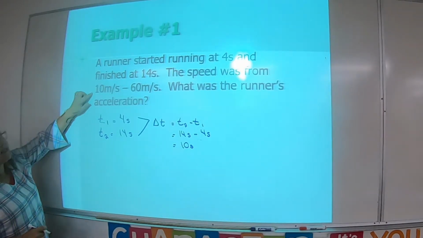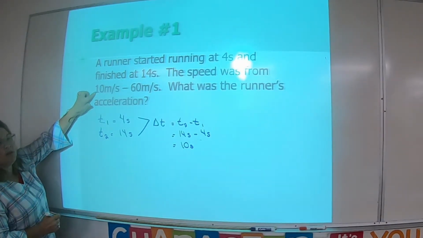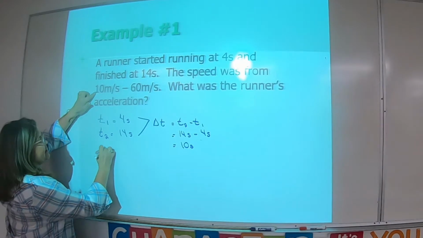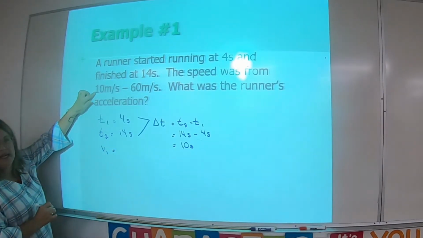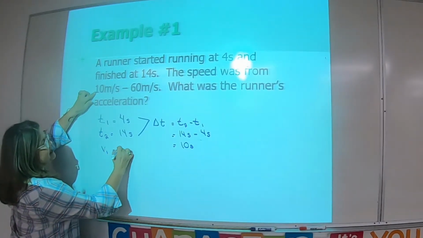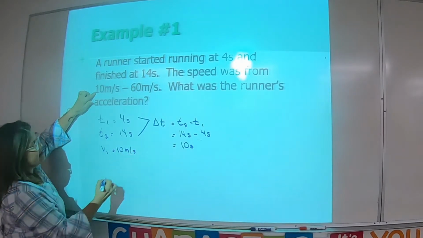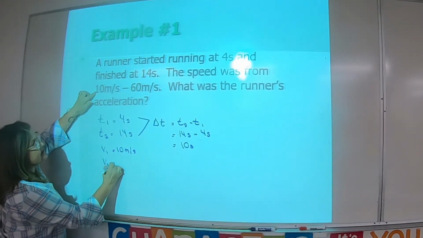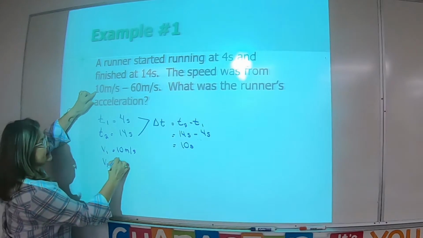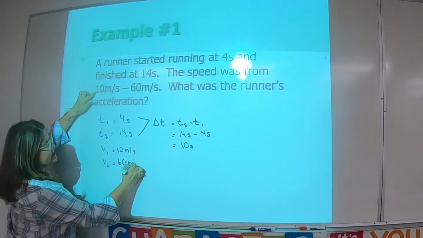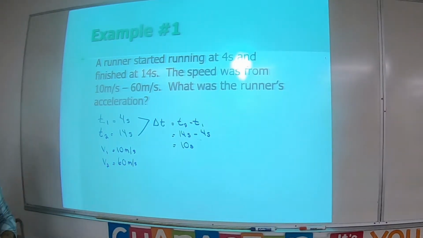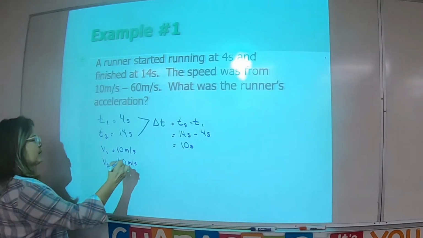Okay, let's keep going. The speed was from, the first value is my initial speed, so 10 meters per second, and the final speed is 60 meters per second. So we go V1, V2 minus 10.